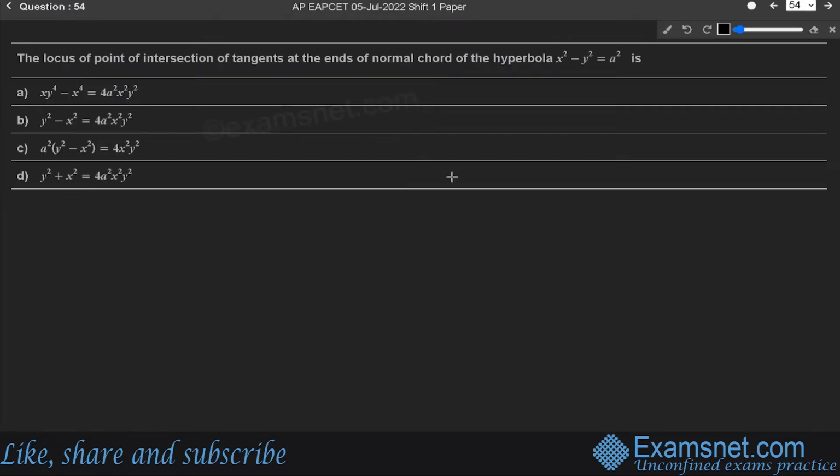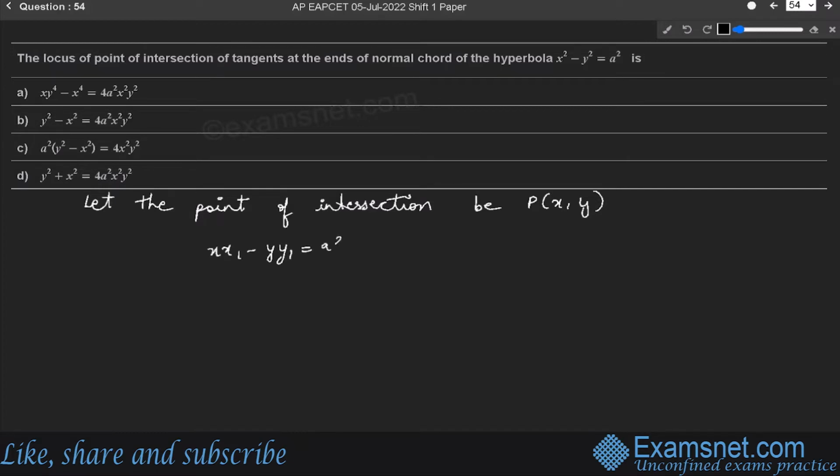Next question: the locus of the point of intersection of tangents at the ends of a normal chord of the hyperbola x square minus y square is equal to a square is. Let the point of intersection be P(x1, y1). Then the equation of the chord becomes x into x1 minus y into y1 is equal to a square.